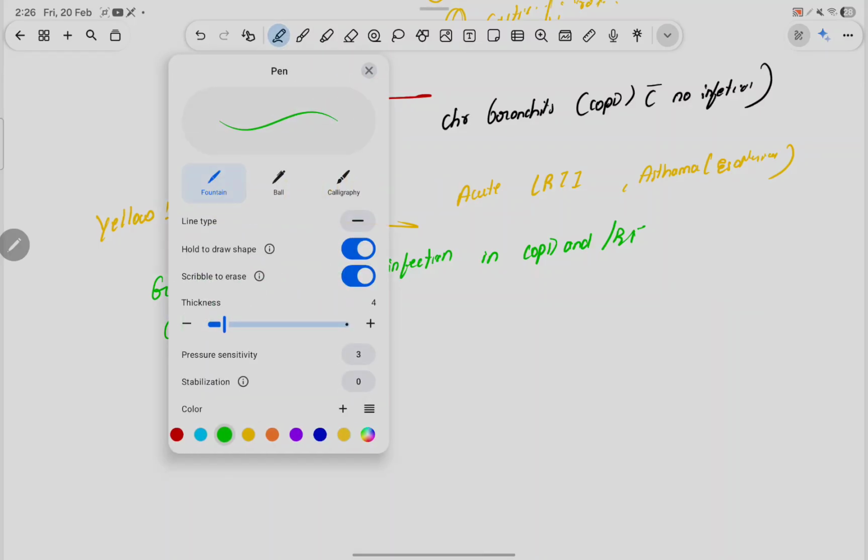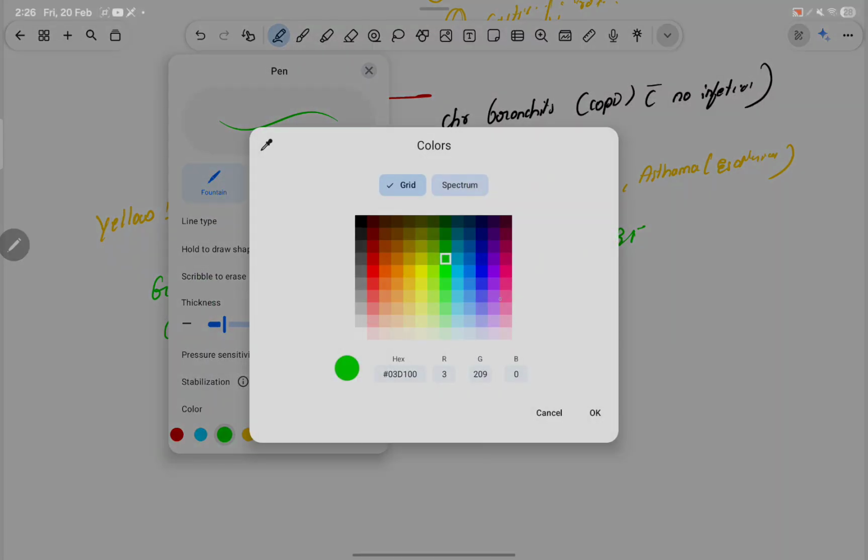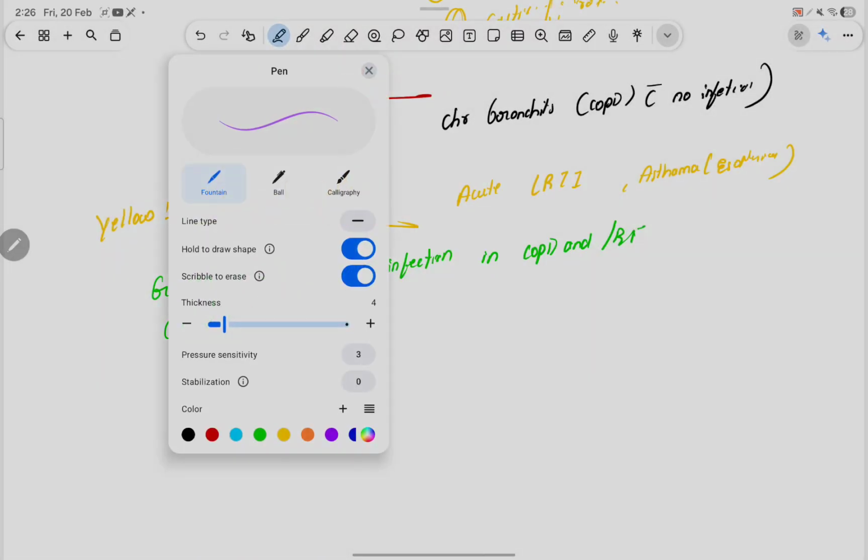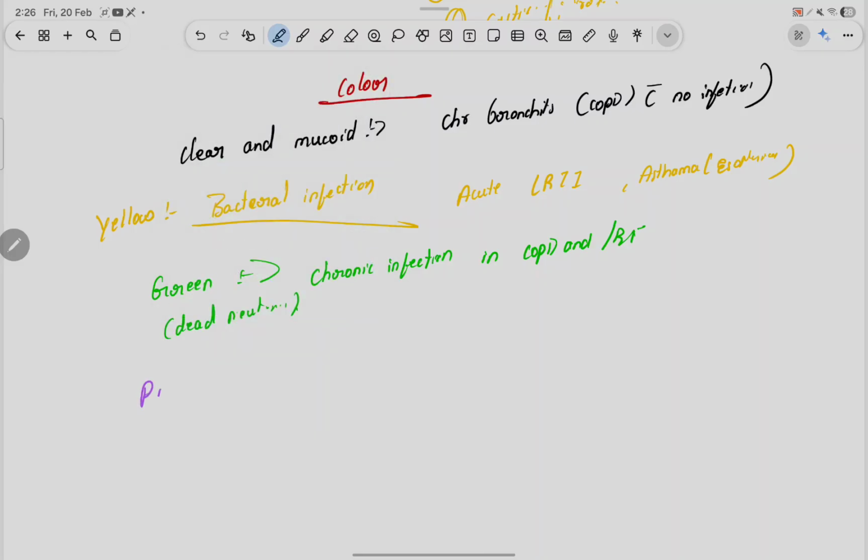If you see a pink one, then you could go with pulmonary edema.